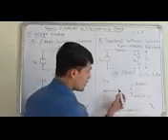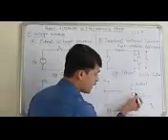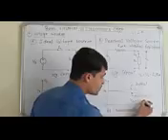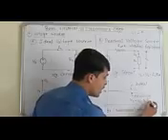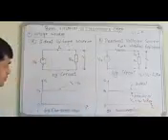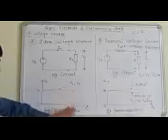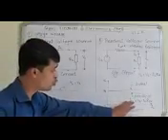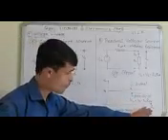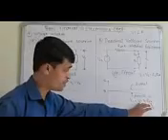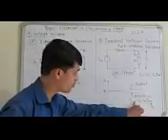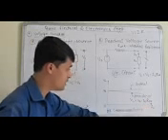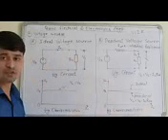So this is the ideal and this is the practical. VL is equal to Vs minus IL RSE. Here, in the ideal case, the load voltage does not depend upon the load current, but in the practical case the load voltage depends upon the current also and the source voltage. So VL is equal to Vs minus IL RSE. This is the characteristic of the practical voltage source.